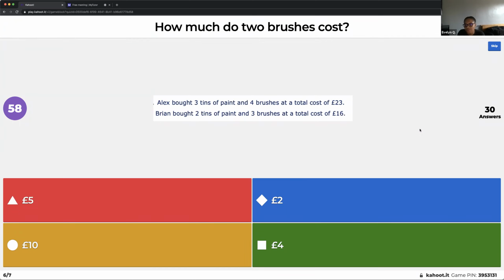So someone did ask, what is the difference between doing maths A level and dropping it after 1 year and doing the 1 year maths A level? So I'm assuming you mean doing AS, because in year 12 you do your AS level maths, and then in year 13 you do your A level maths. I'm not too sure. I know that they've changed the way they're doing it now, so I don't know whether you walk away with an AS level or whether you actually have to take the 2 years and get an actual A level classification.